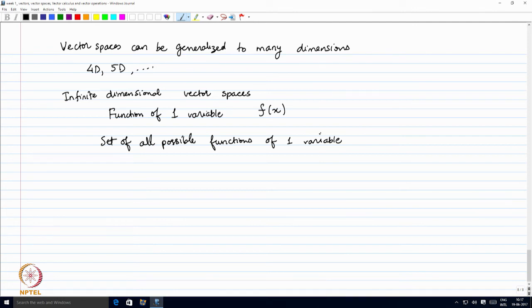Okay. So, you are taking the set and let me denote by curly braces this set f of x of all possible functions of a single variable x, and let us say for convenience that x is a real number, it does not matter. So, if you take the set of all possible functions of one variable, you can easily show that this is a vector space.